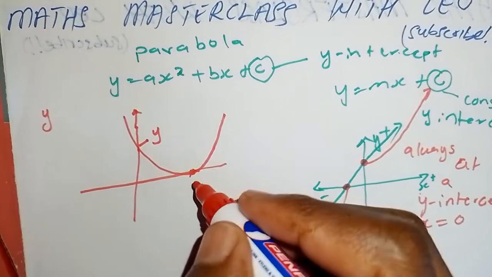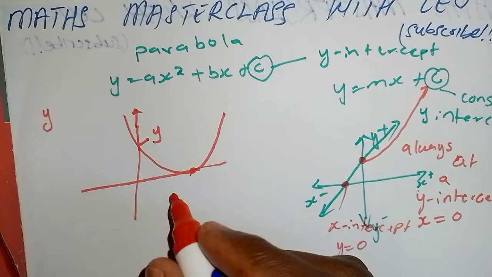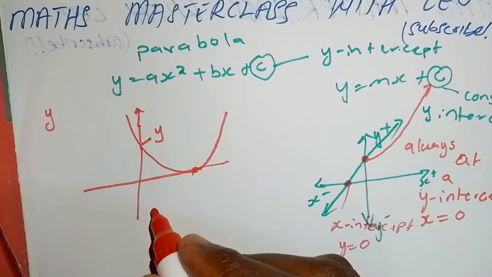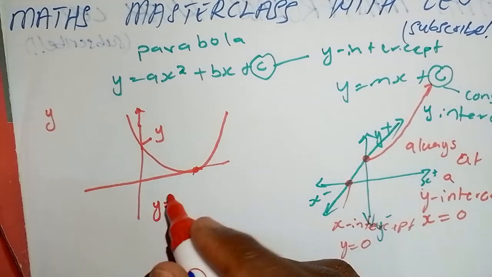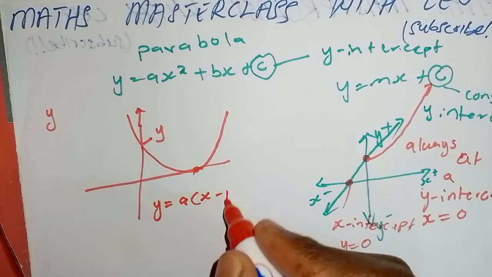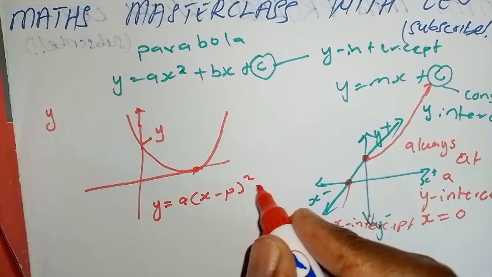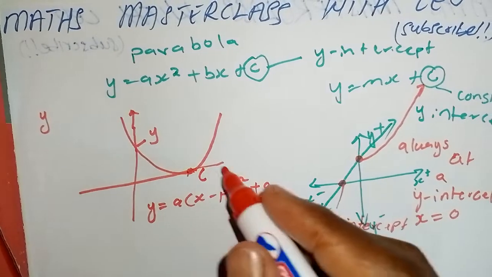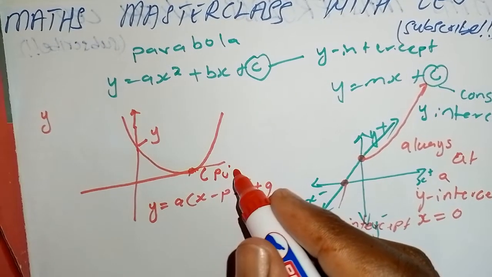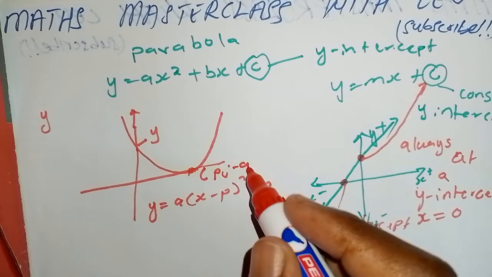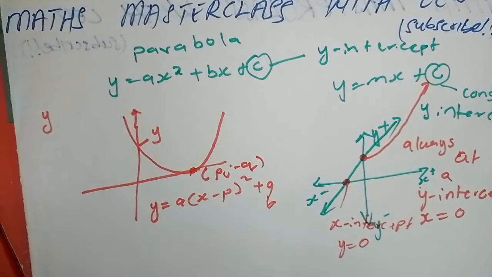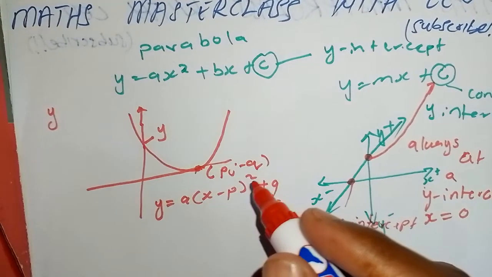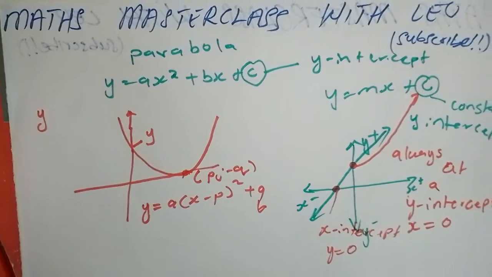If you have the y-intercept and the turning point, you can use this equation: y equals a into x minus p squared plus q, where p and q represent the turning point.